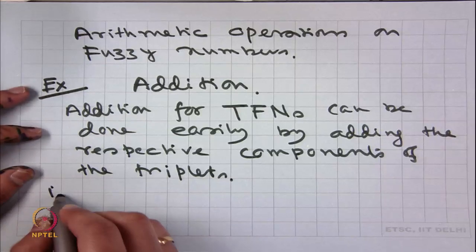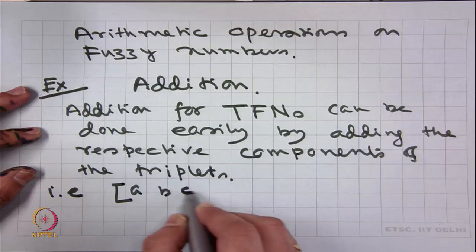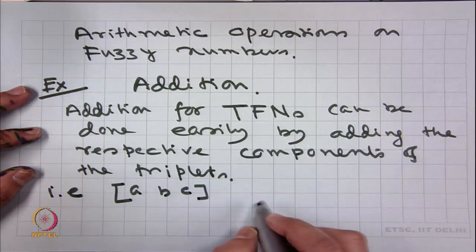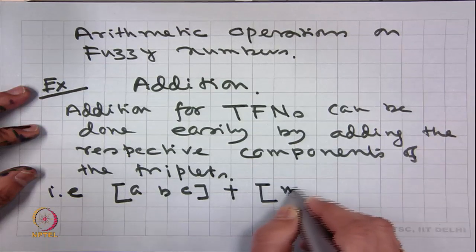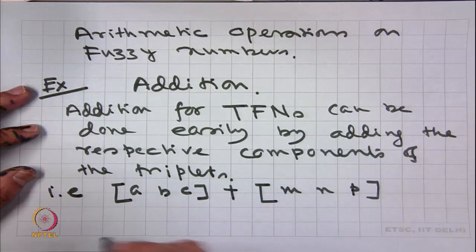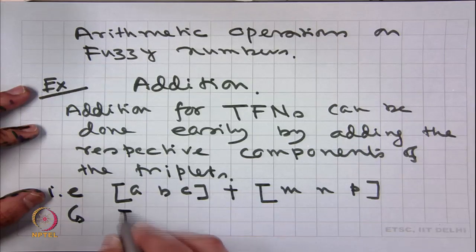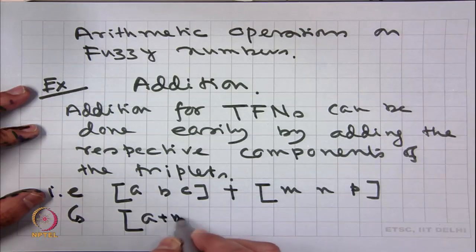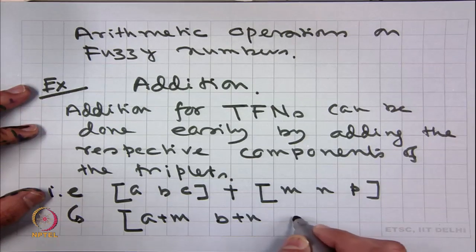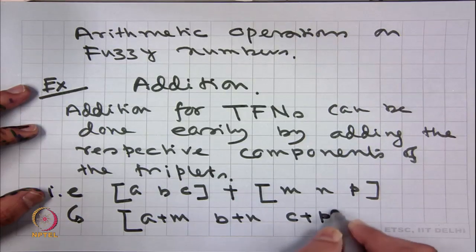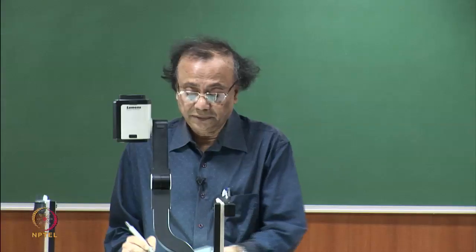That is, if (a, b, c) is a triangular fuzzy number and (m, n, p) is another triangular fuzzy number, then their addition is the triangular fuzzy number (a plus m, b plus n, c plus p). I hope you remember the definition of a triangular fuzzy number.